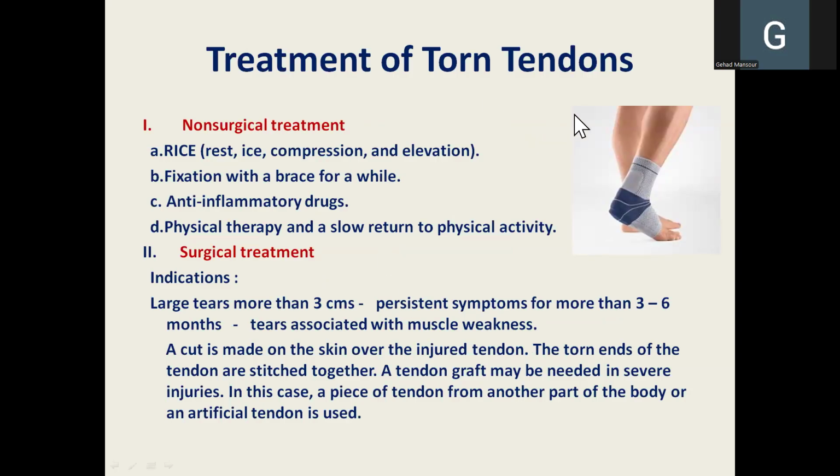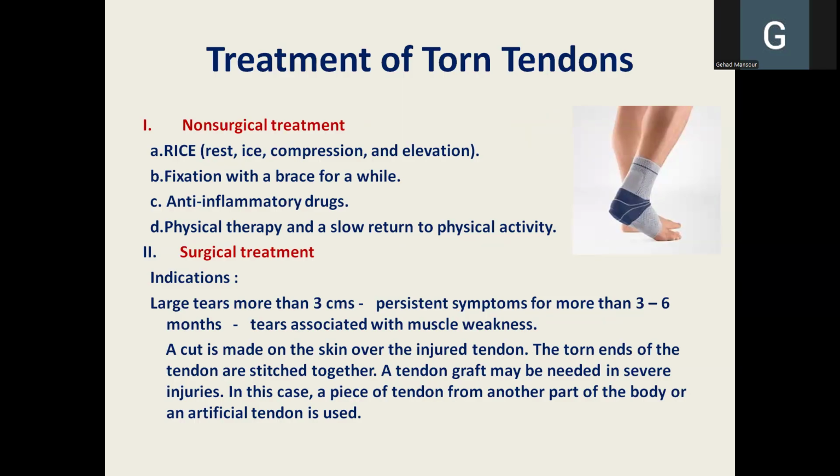How can we treat torn tendons? Just like in any other case where surgical intervention is possible, we usually start with the non-surgical or medical treatment. In case of a torn tendon, the non-surgical treatment consists of 4 steps. First of all, RICE.